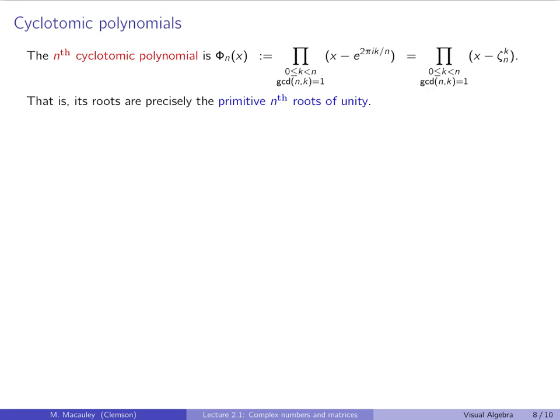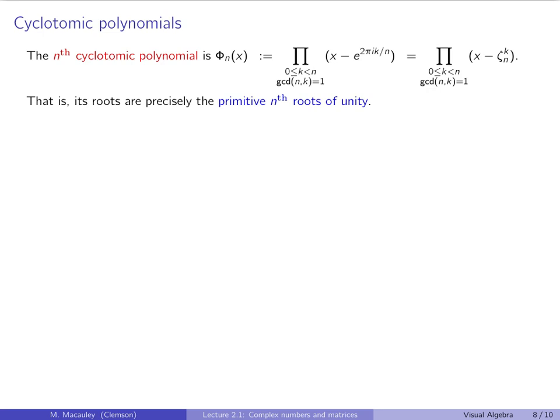Remember, a primitive nth root of unity occurs when, well, e to the 2 pi i k over n, where k is relatively prime to n. So we're constructing a polynomial where each primitive nth root of unity occurs as a root once. And so here's just another way to say that.